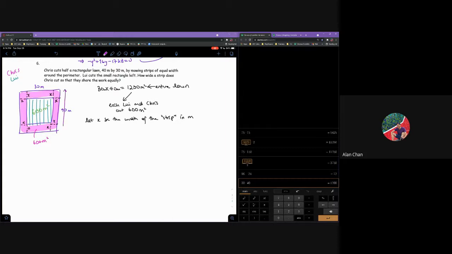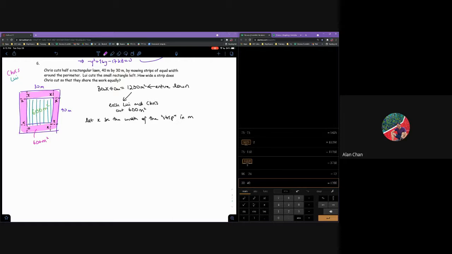We know that this total distance is 40. And if we take off an x and take off another x, we'll get this height, right? And then similarly, if we take 30, which is this length, subtract an x and subtract another x, we'll get this distance. And then we multiply those two together, it should be equal to 600. Okay. So this is from Louis' perspective.